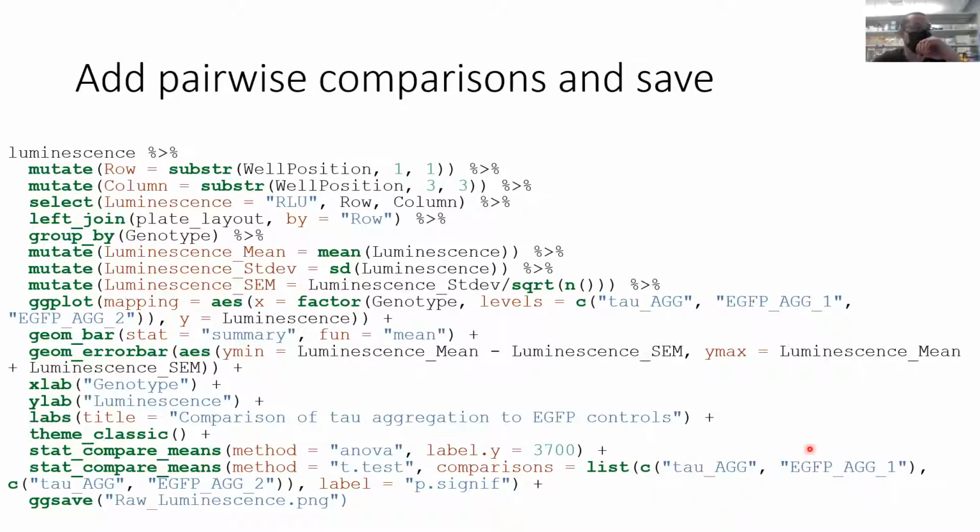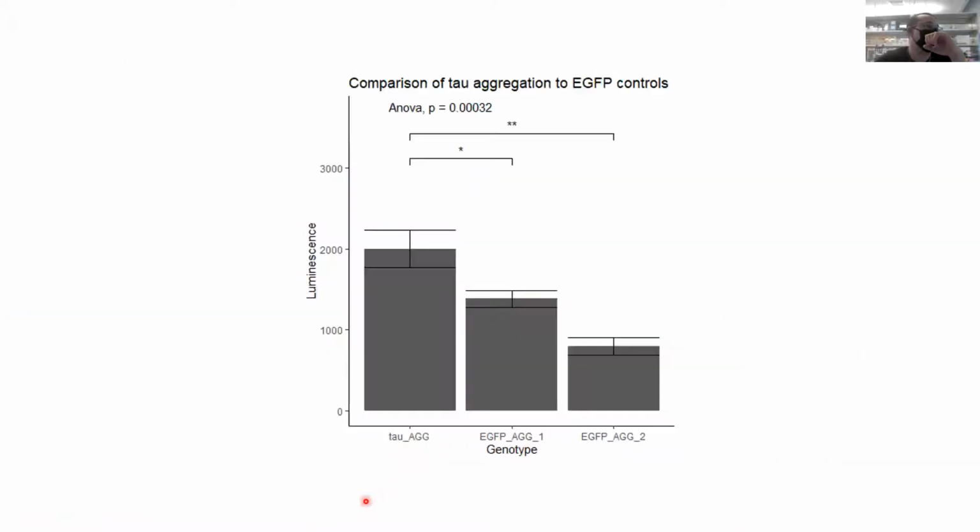One comparing tau-ag to EGFP-ag1, and one comparing tau-ag to EGFP2. And I gave it the label p significance so that it displays the asterisks instead of the actual test statistic. And in the end, I saved the whole thing as raw_luminescence.png. And that is what it looks like.